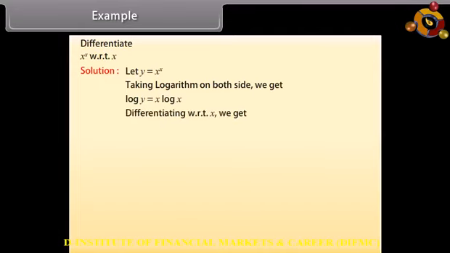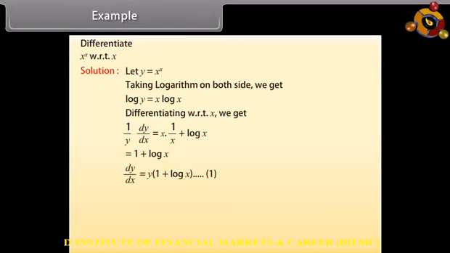Differentiating with respect to x, we get 1 by y into dy by dx is equal to x into 1 by x plus log x is equal to 1 plus log x. So dy by dx is equal to y into 1 plus log x.